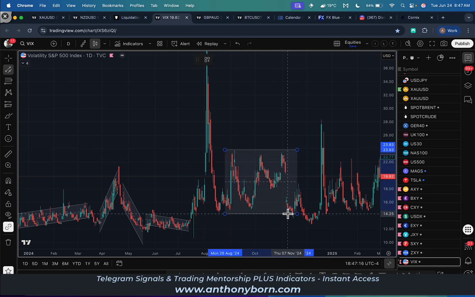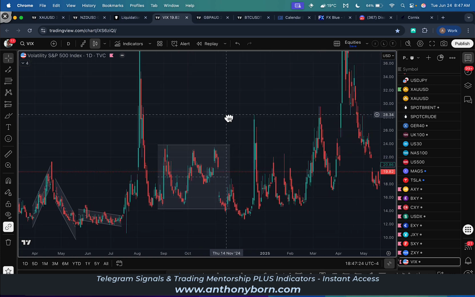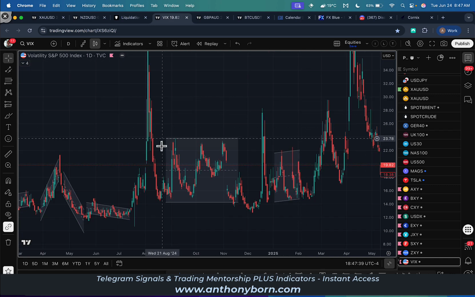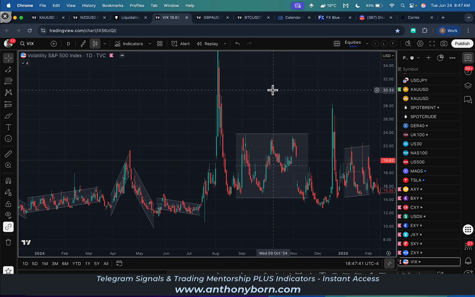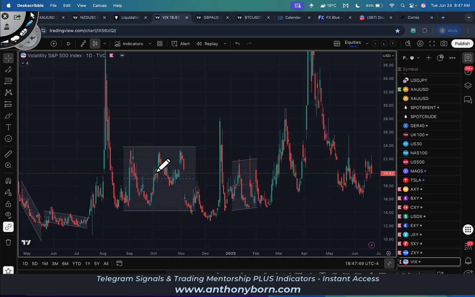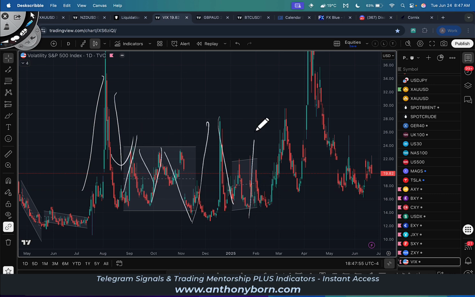Look at the volatility, the range after the BOJ rate rise and then leading into the US elections. Okay, look at this range. We're looking at the high and low of this range here, and the frequency of the pumps and dumps. Okay, it pumps, it dumps, pumps, dumps, pump and dump, okay?